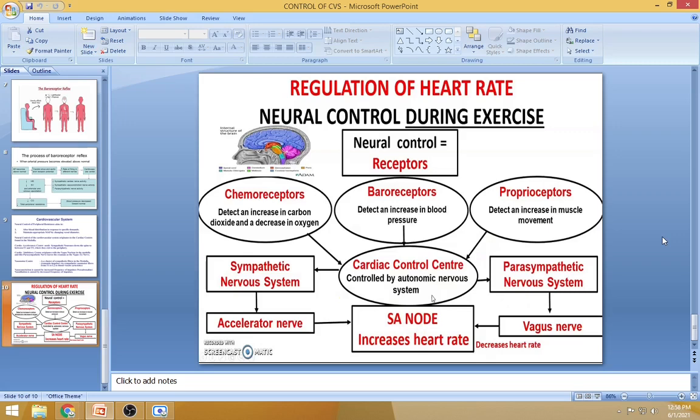Baroreceptor should be on the tip of your finger. Okay, baroreceptor reflex should be on the tip of your finger. You should know also something about chemoreceptor reflex, and of course the other small reflexes that we may need to discuss again when we talk on the control of the arterial blood pressure.